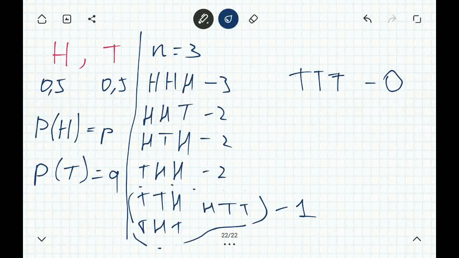So in a way we have a new random variable which is a number of favorable outcomes in our trials, in our experiments. So let's see what's going on with that variable.